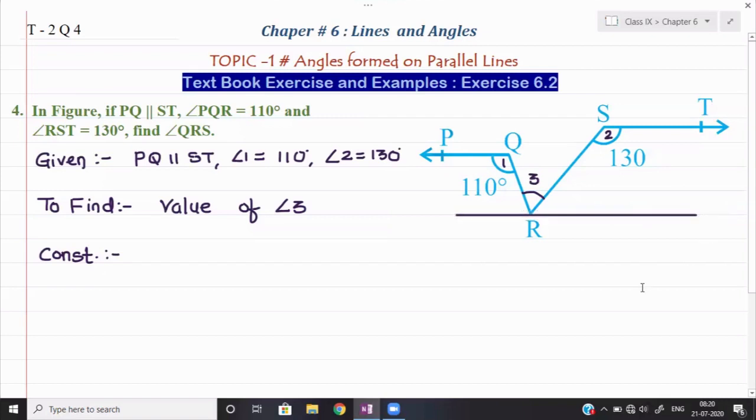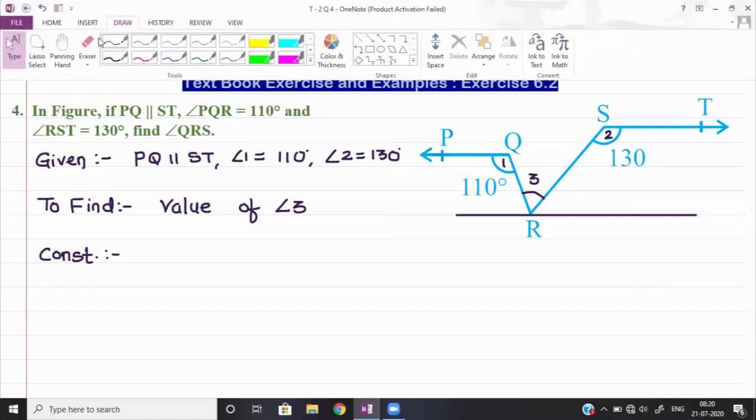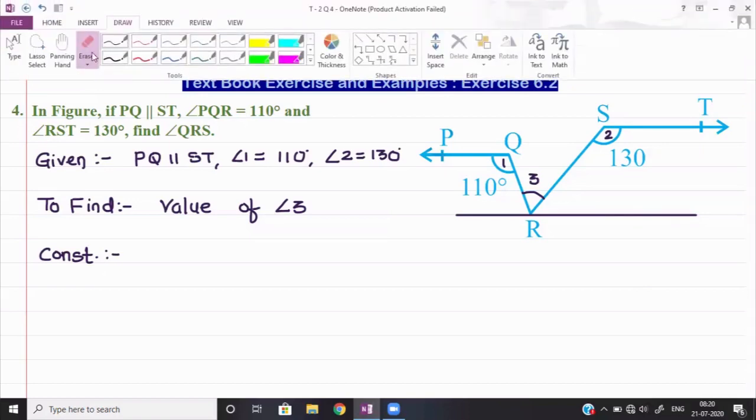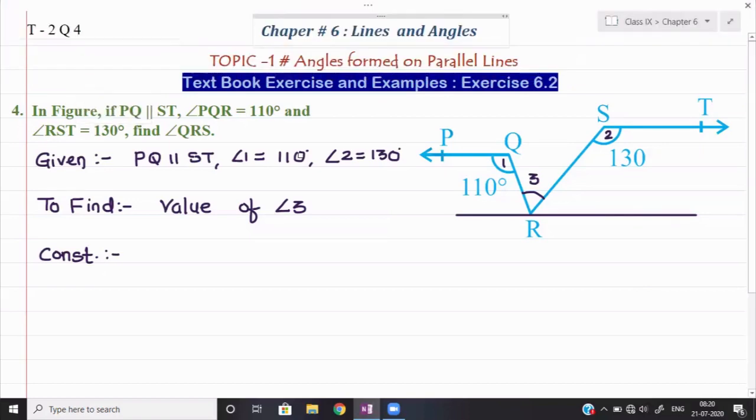Since it is a part of construction, we need to draw a dotted line. So let me rub some part of the line so it looks like a dotted line. When you draw the figure, draw your line in the same manner. This dotted line shows that I have done the construction.